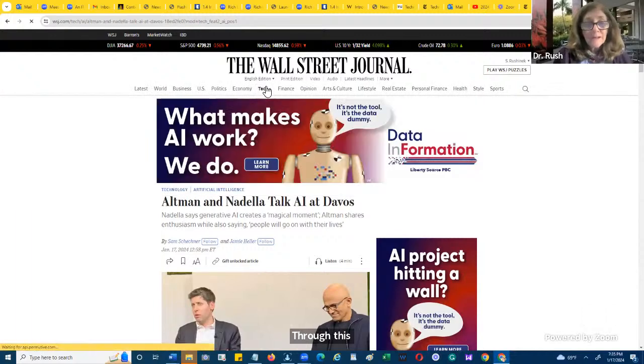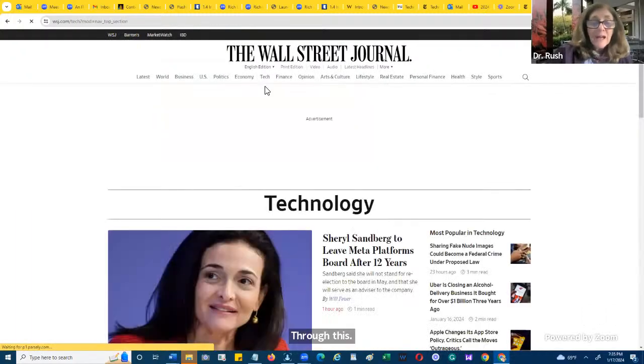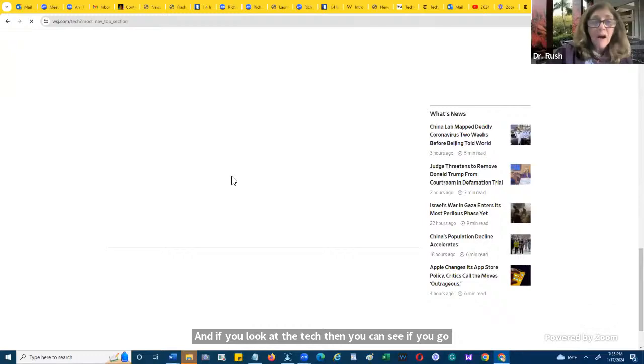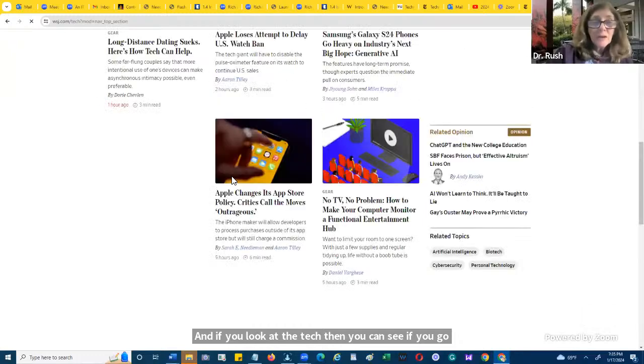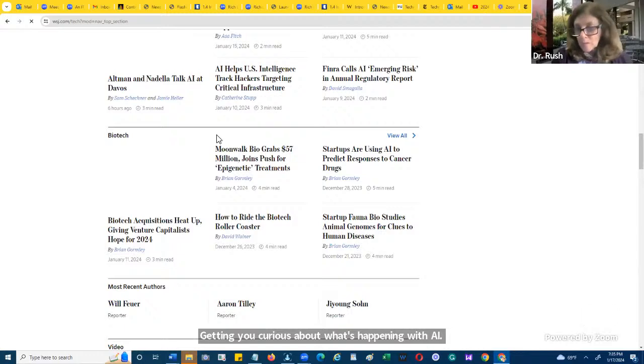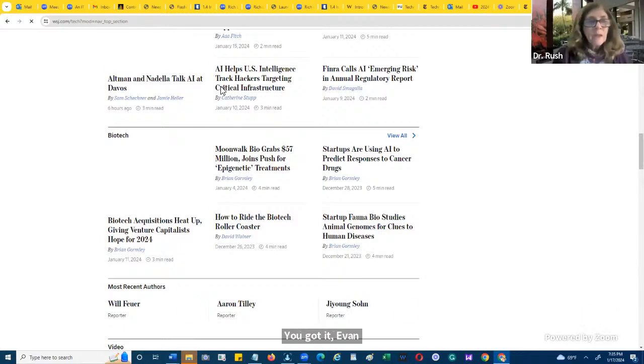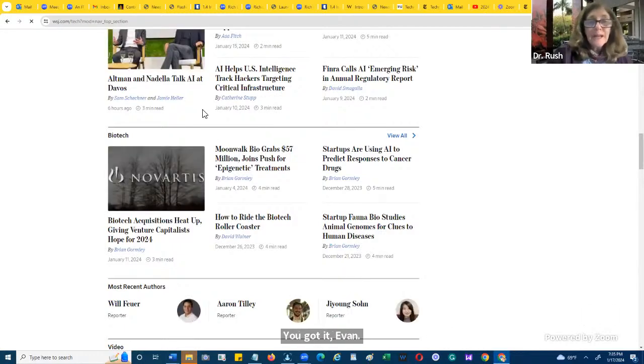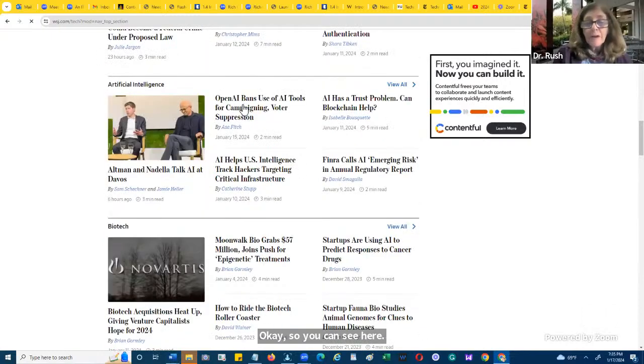If you look at the tech section and go down below, there's a lot getting you curious about what's happening with AI. You got it, Evan? You can see here that FINRA calls AI an emerging risk in its annual report.